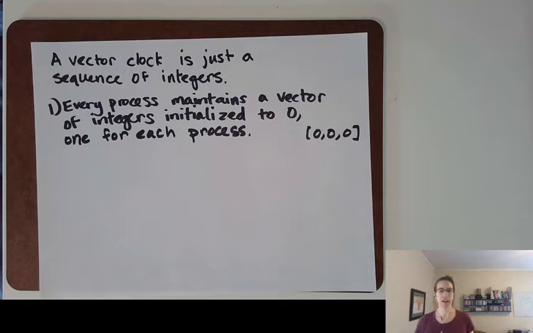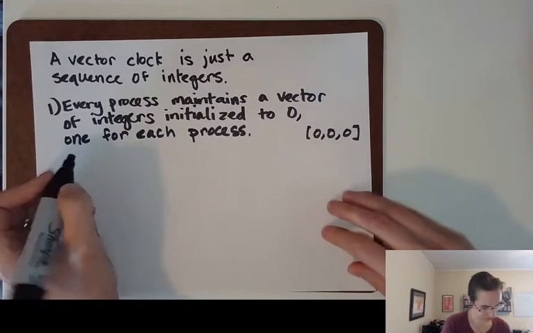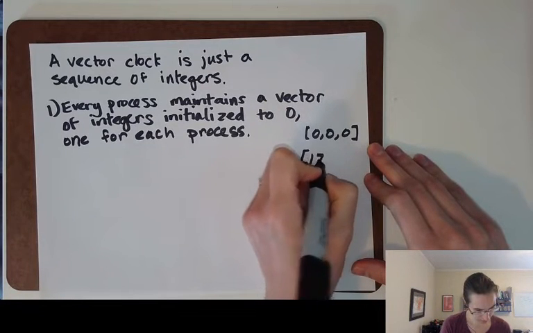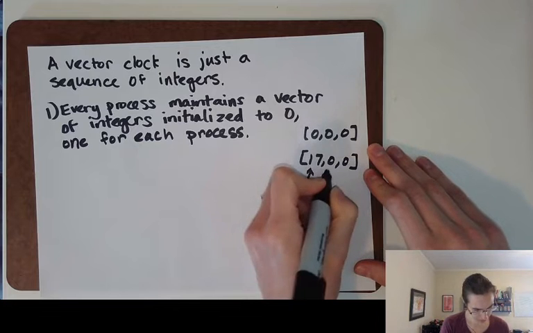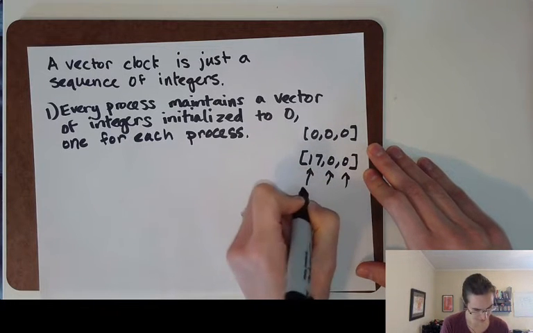But if I have processes Alice, Bob, and Carol, and I have a vector clock that says 17, 0, 0, each entry in here is going to correspond to one of my 3 processes.